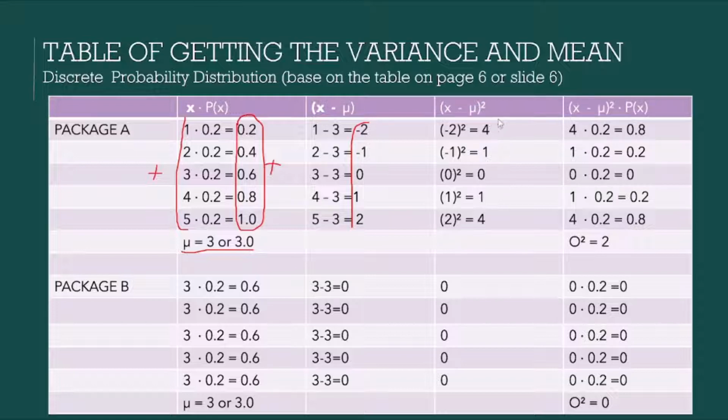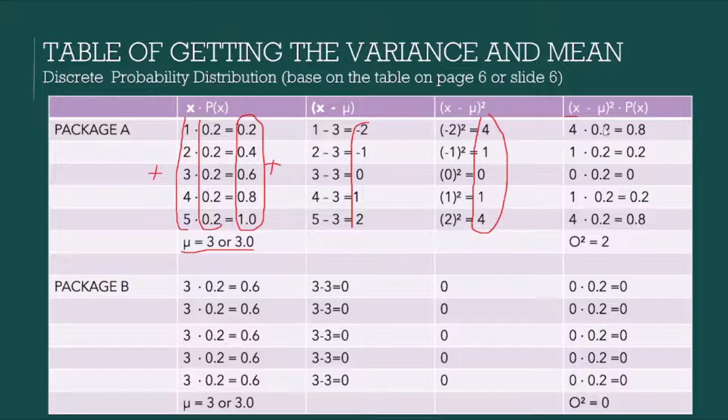Now after squaring, this is the answer we get. And it says in the formula, we're going to times our answers here by our p(x). Our p(x) is 0.2.